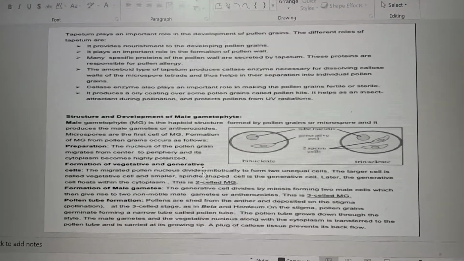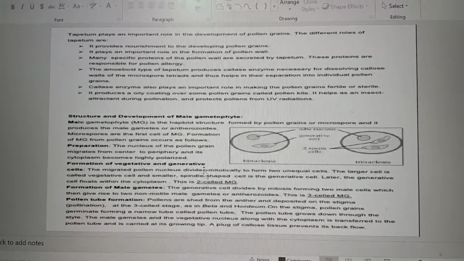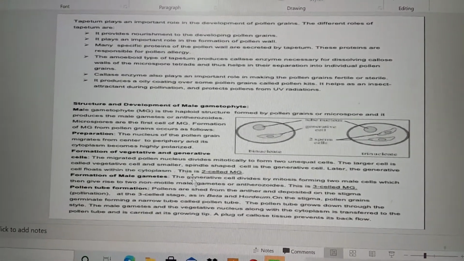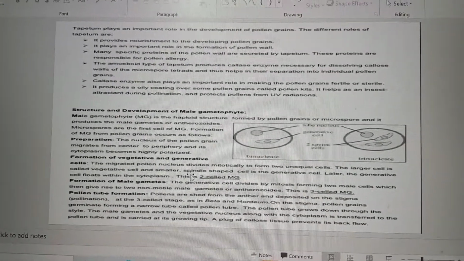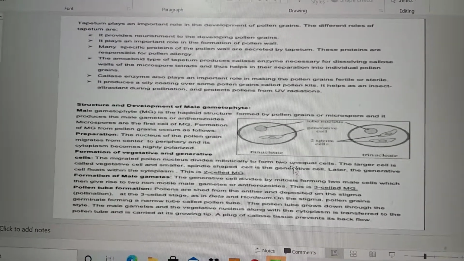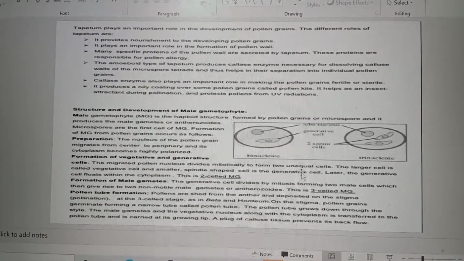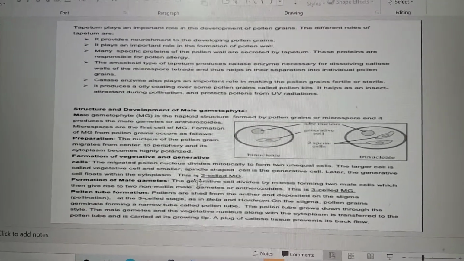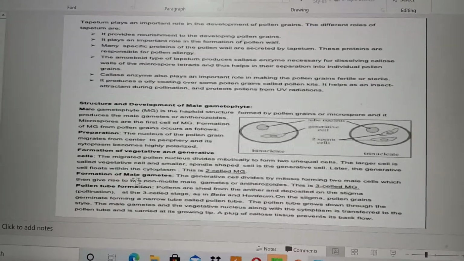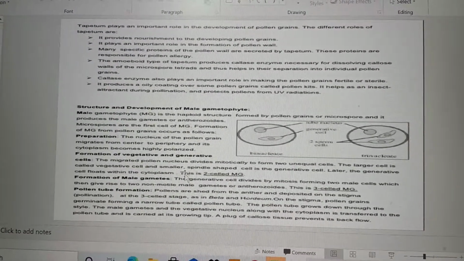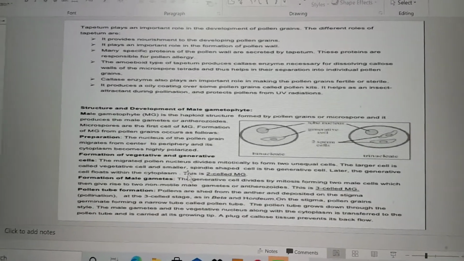The vegetative cell is the larger one, and the generative cell is smaller and spindle shaped, lying inside the vegetative cell. Later on, the generative cell floats within the cytoplasm. So this is the two-celled microspore stage.